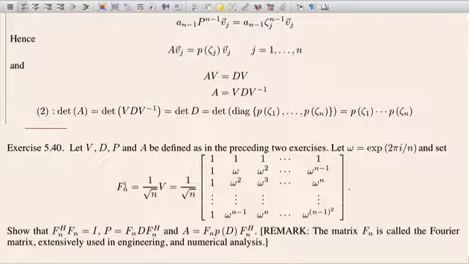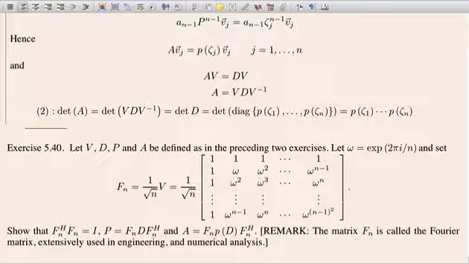Then we can define this Fn matrix as 1 over square root of n times V, substituting in V the omegas. So this is the first root of the nth roots, and the other roots are just different powers of that. So here we get the first root, then the second root, and the n minus first root.